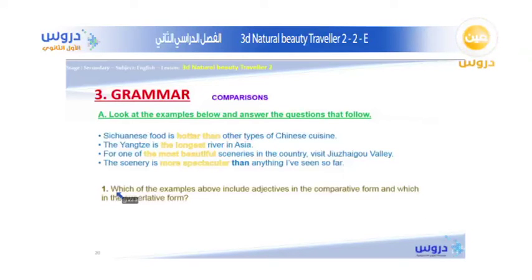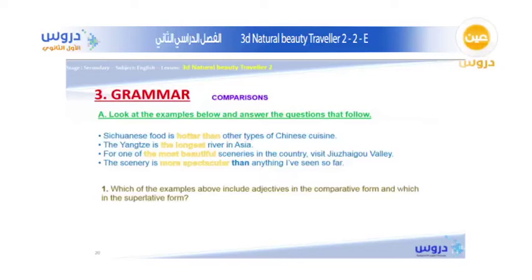Question number 1: which of the examples above include adjectives in the comparative form and which in the superlative form? What do you think, my students? Where is the comparative and where is the superlative?